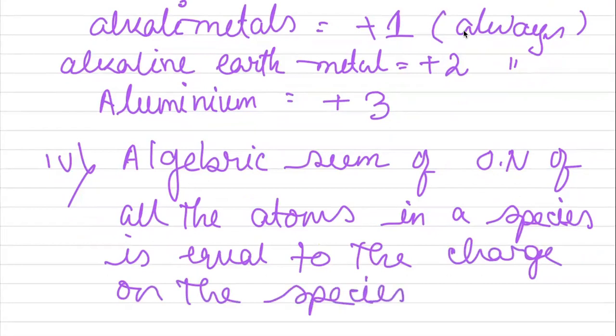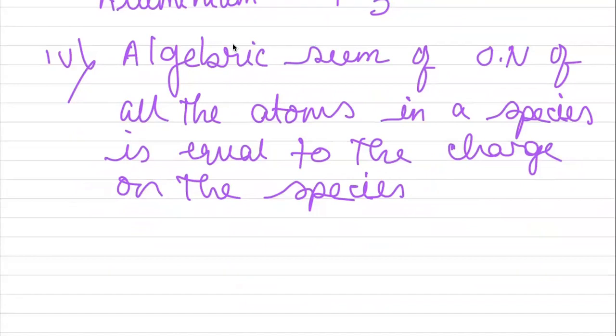Okay, the algebraic sum of the oxidation numbers of all the atoms in a species is equal to the charge on the species. Let's see.